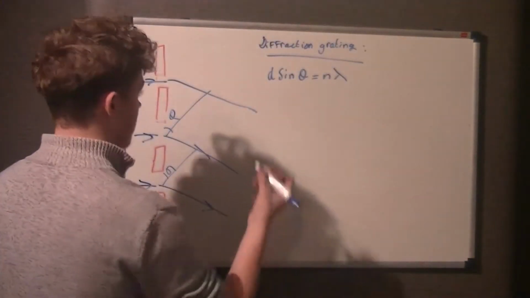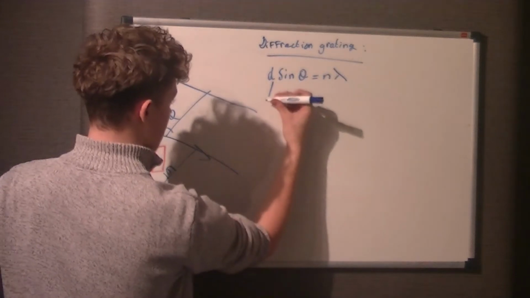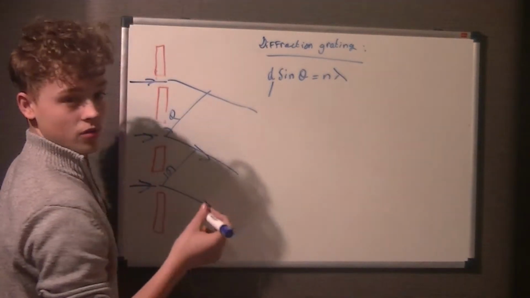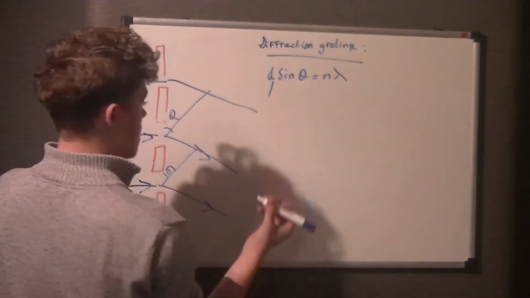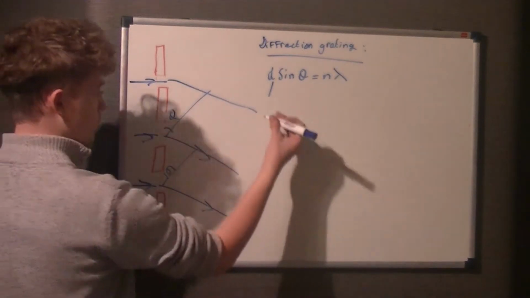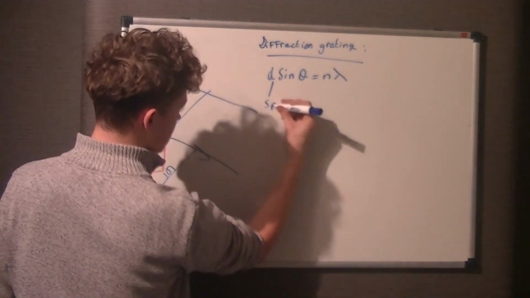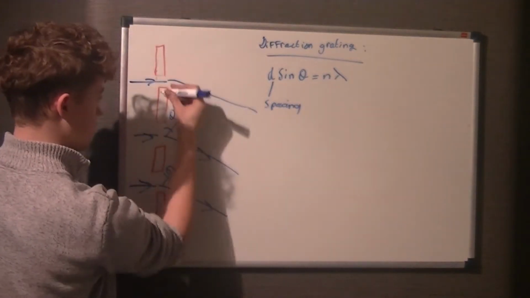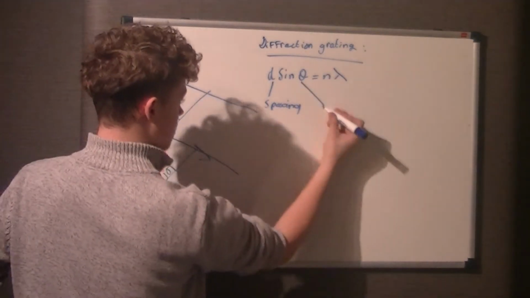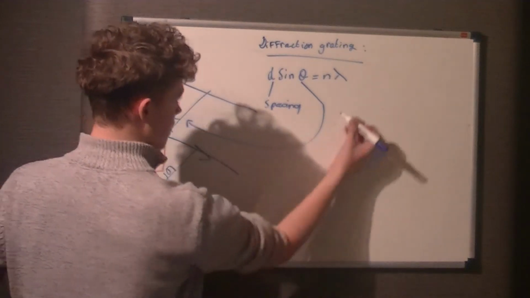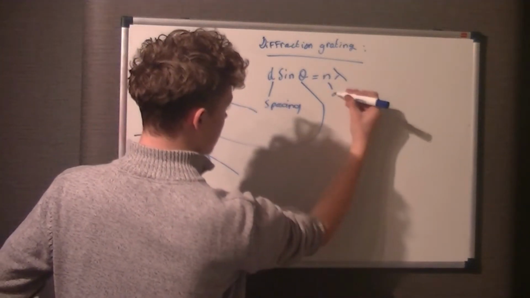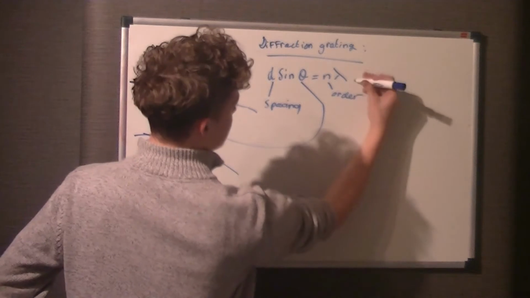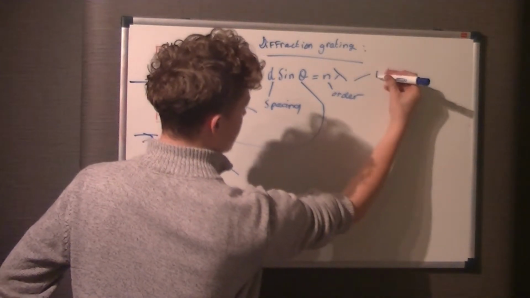Now, I don't know if you can see that, but d is the diffraction grating spacing, so that's the spacing of the slits, the spacing between those. Theta is obviously theta there. n is the order, and lambda is the wavelength.